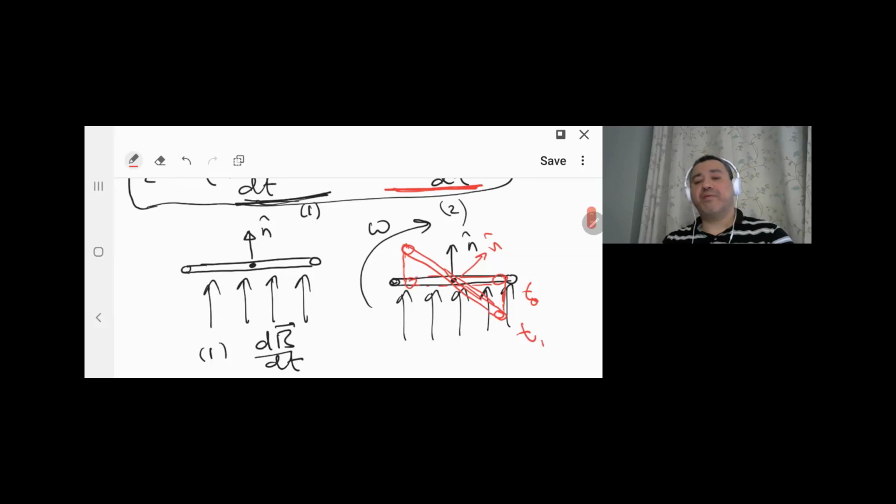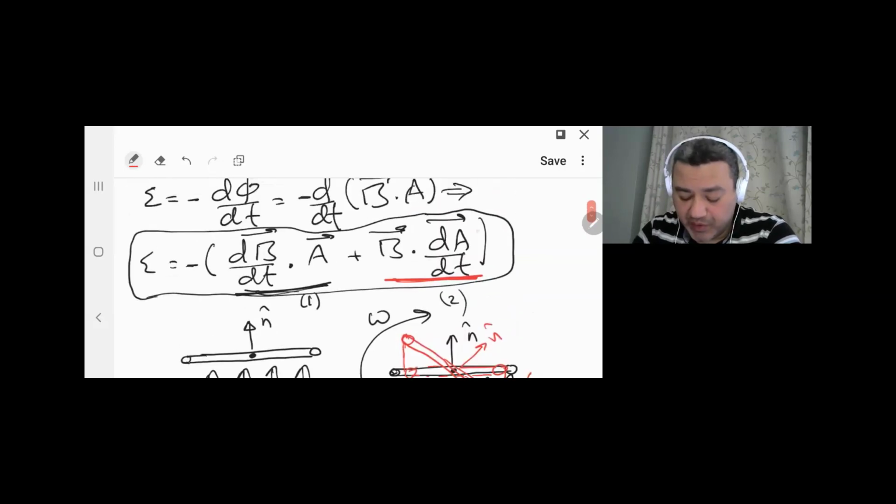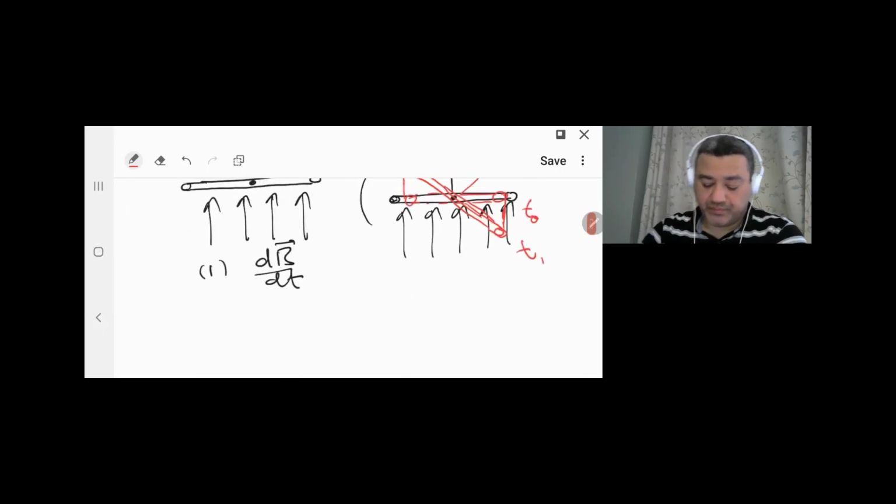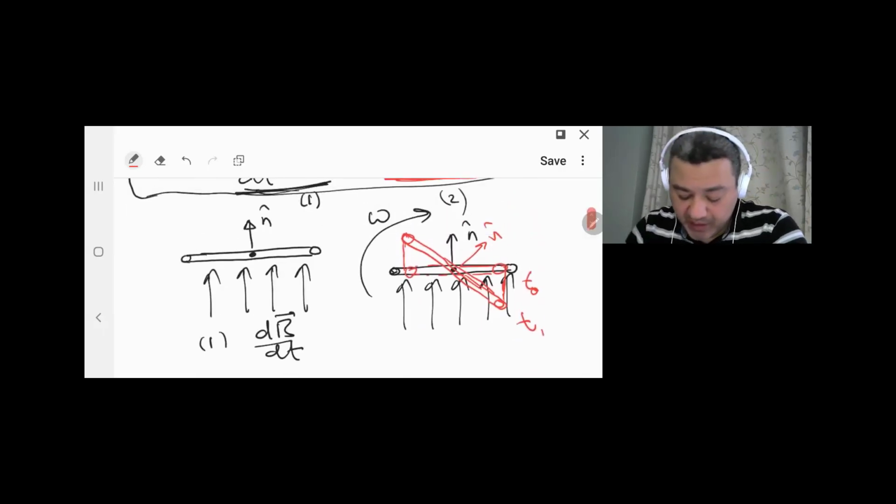In both cases, the flux is going to change, and I will be inducing electromotive force. Or I can have a way to have both of them varying in time. In this case, I will be looking at the summation of both techniques together. So this is how we interpret Faraday's law.